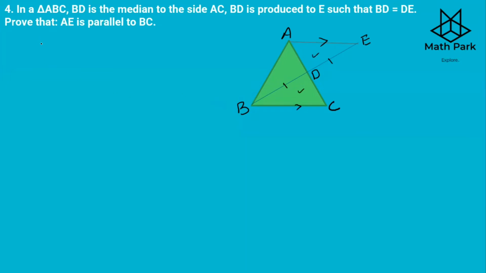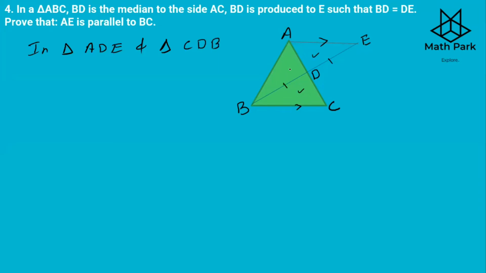So let us start with the proof of this question. So we have in triangle ADE, and if I take ADE, I should take CDB.